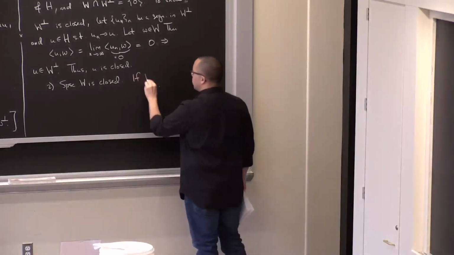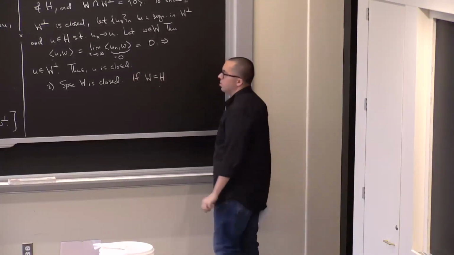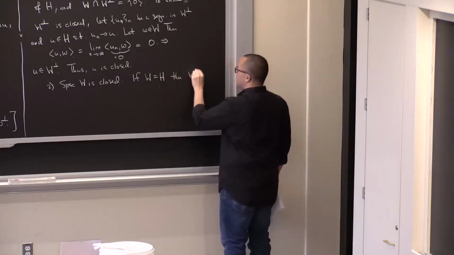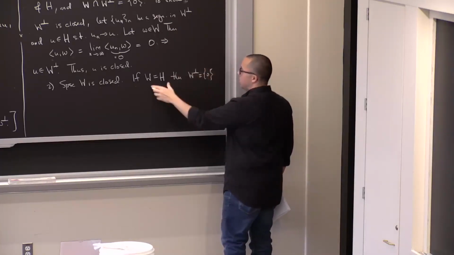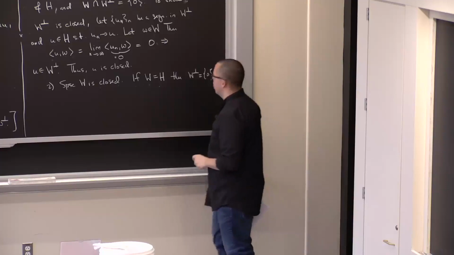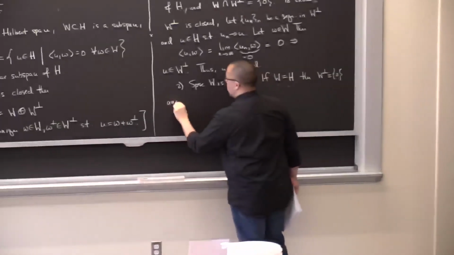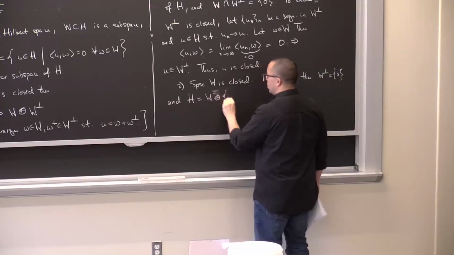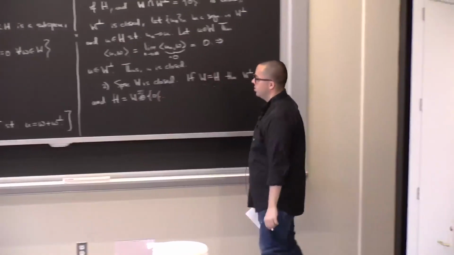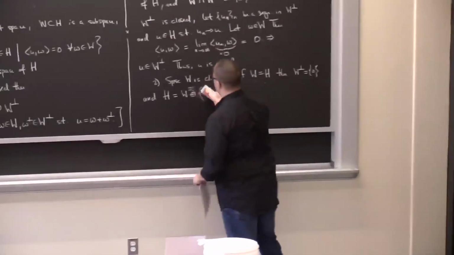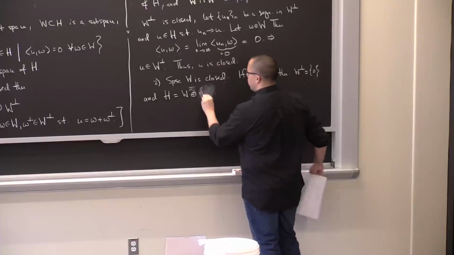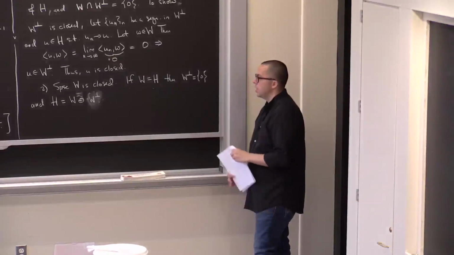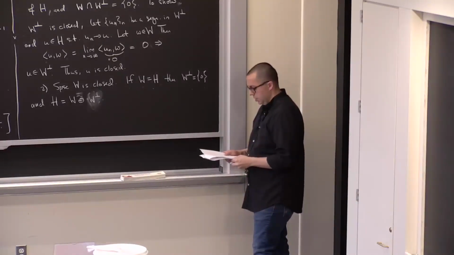If W is just the entire Hilbert space, then clearly the only thing orthogonal to everything is the zero vector, and we have the decomposition trivially. So let's assume W is not the entire space.